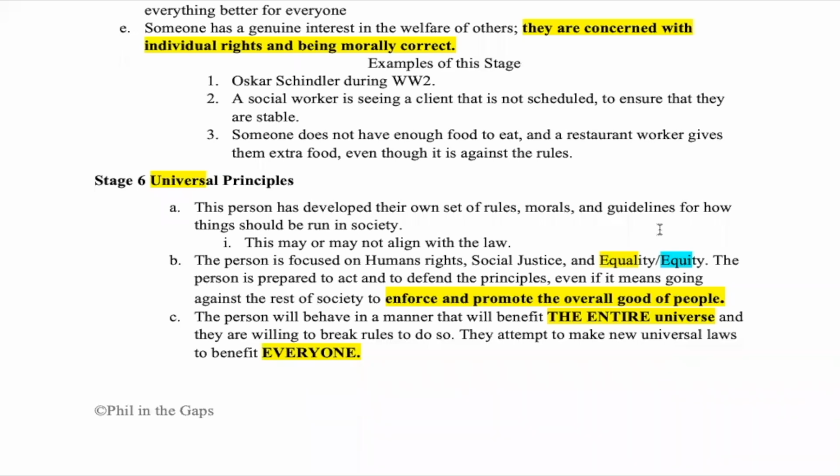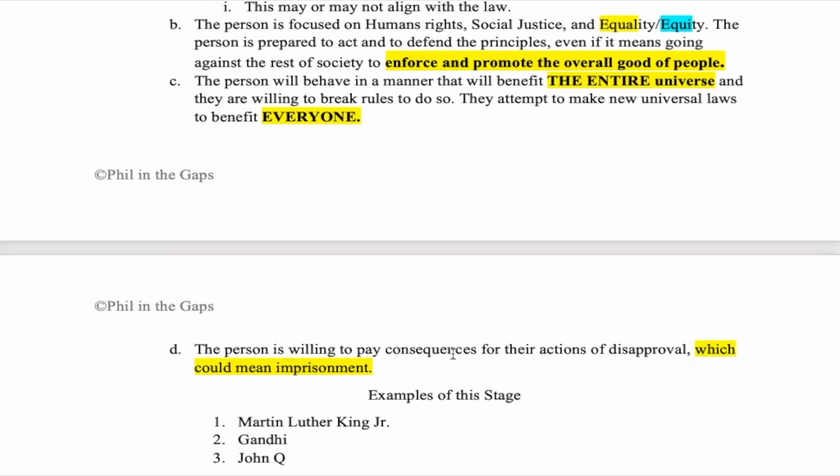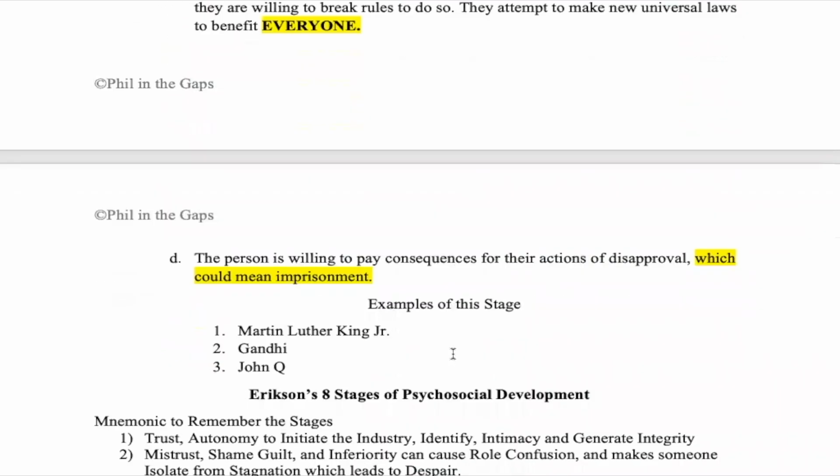Some people may get more, but it helps to balance the equation. So universal principles is that we're trying to promote the overall good of people, and we're trying to change and make sure that every single person on the planet gets a benefit and allows for them to become the best possible version of themselves. So a couple of examples to articulate this a little bit further.